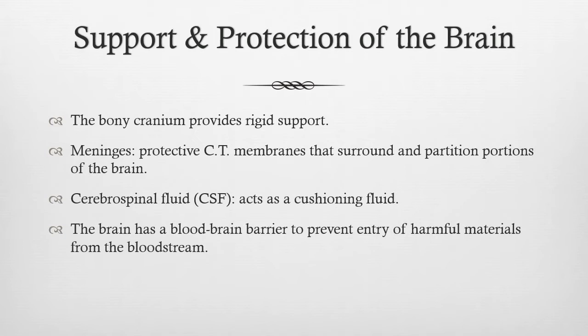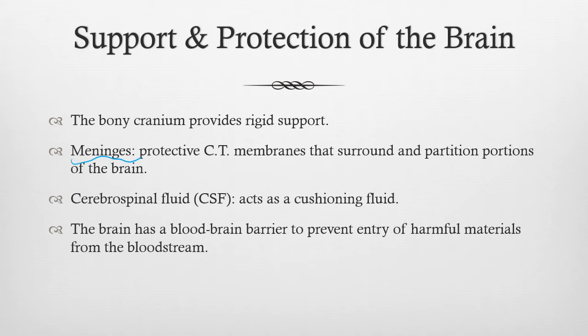And so we get the bones that are there for the skull, creating a strong, hard structure for them to be held within. And then just deep to the bones, we find the meninges. And so we have this protective connective tissue that is going to surround the brain itself. And we'll talk about those in just a little bit.